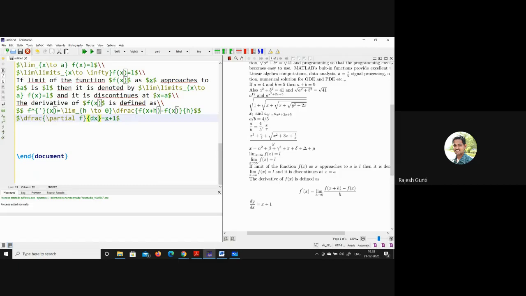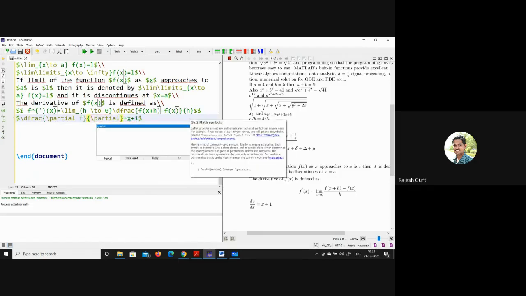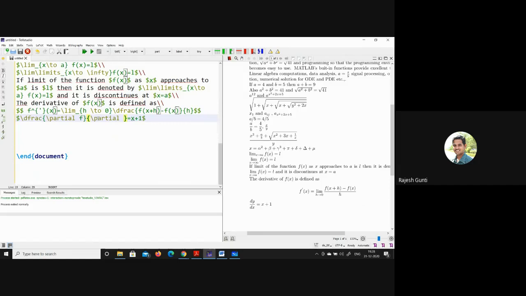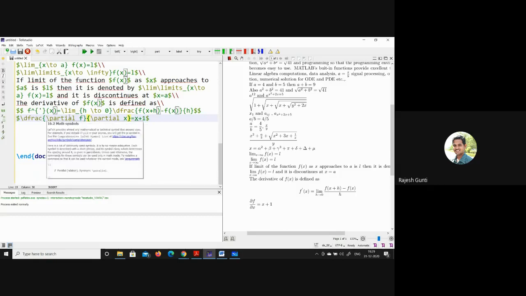For example, I want to type dou f by dou x, with backslash partial. dou f by dou x is equal to x plus 1. For example, see this one. This is dou f by dou x. So if you want to bring a partial derivative, you have to do backslash partial.